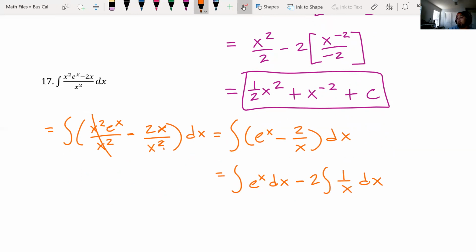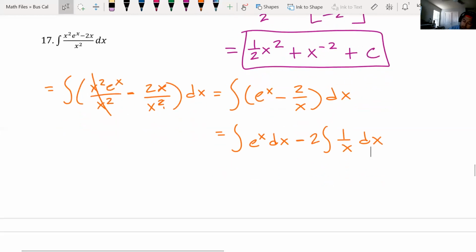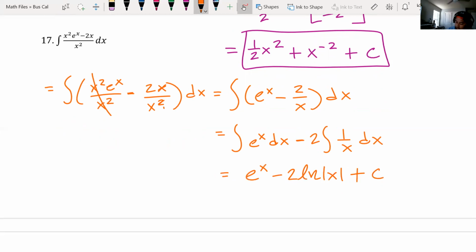Remember, we never flip those. Okay. We are now ready for the antiderivative. So the antiderivative of e to the x is e to the x minus 2 times the antiderivative of 1 over x, which is the natural log of the absolute value of x plus c.